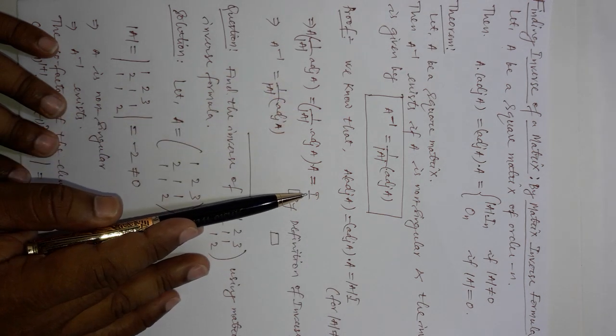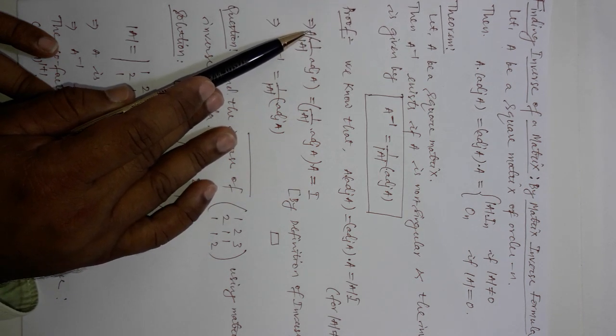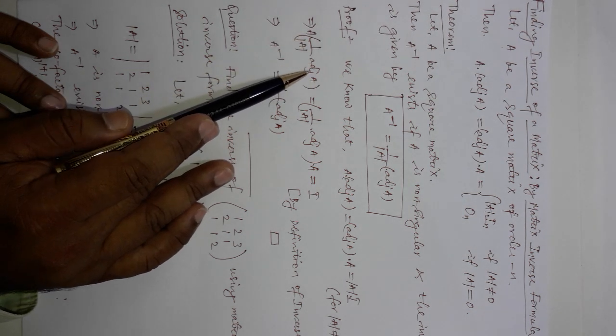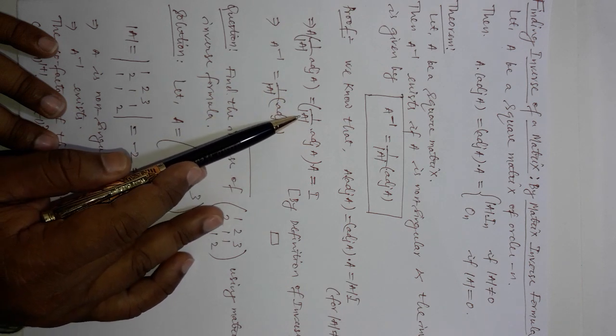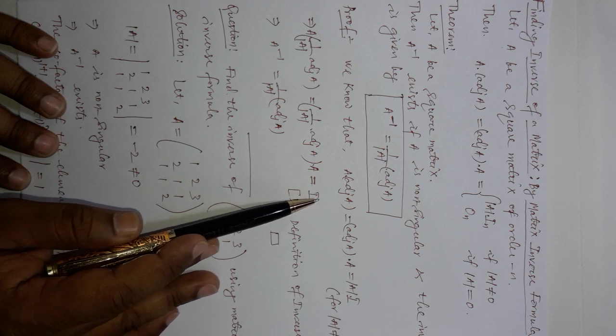So, in this way we will keep A always separated from the others. So, A into adjoint of A by determinant of A is equal to adjoint of A by determinant of A into A, is equal to I, the identity matrix.